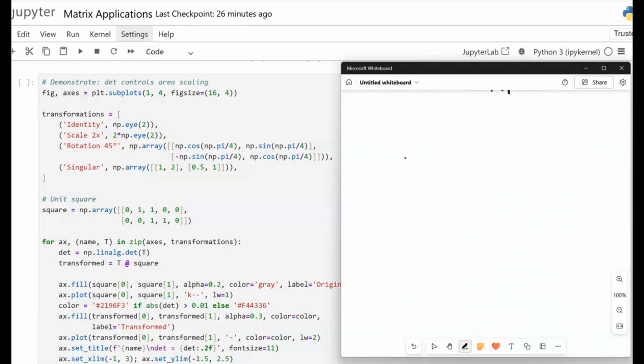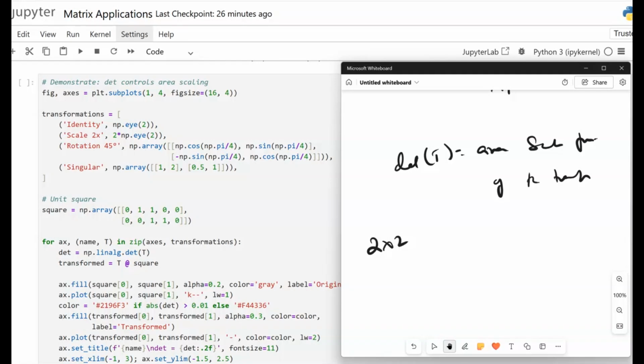Kindly observe: the determinant of matrix T is equal to the area scaling factor of the transformation. That is said to be the central linear algebra result. So it visualizes different 2 by 2 matrices that transform a unit square and how their determinants relate to the resulting area.